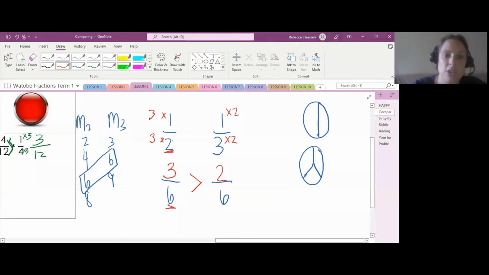That's how we said 2 times 3, and that gave me the 6. And this is the same with the 3. How do we turn the 3 into 6? We went 3, 6, so we times it by 2. And so we have to do the same thing to the top, we times it by 2. And that's how we get our new denominators and numerators for comparing.